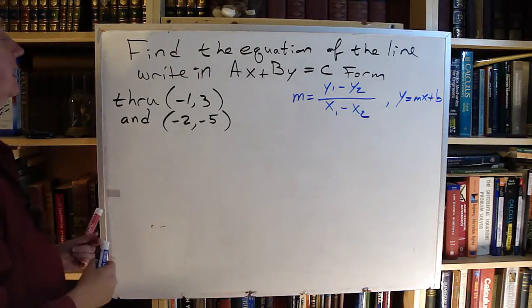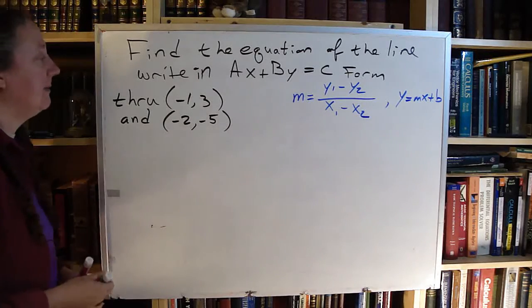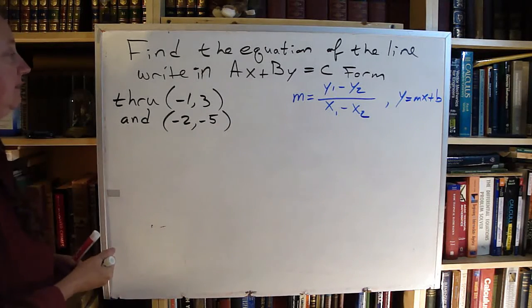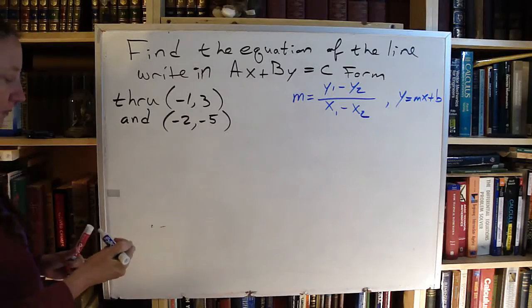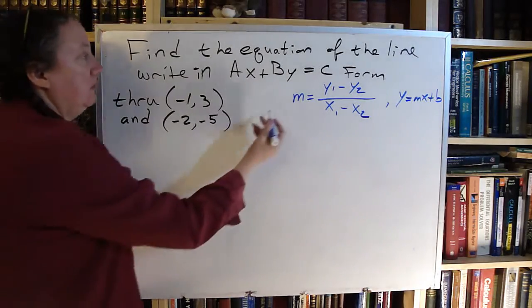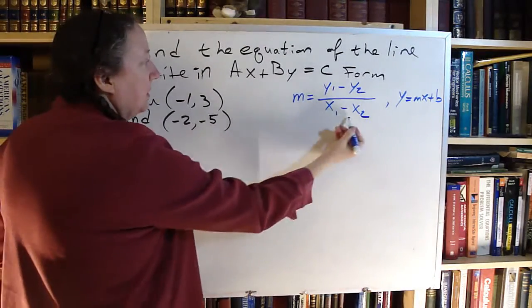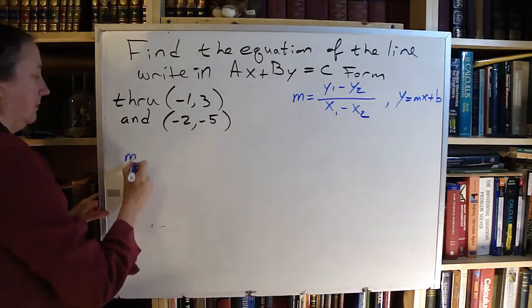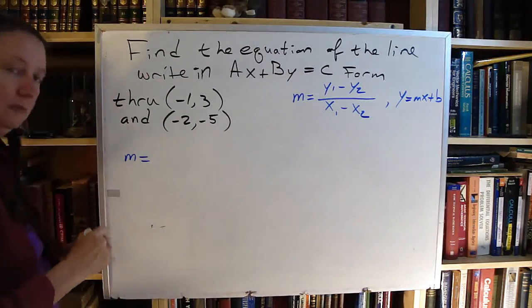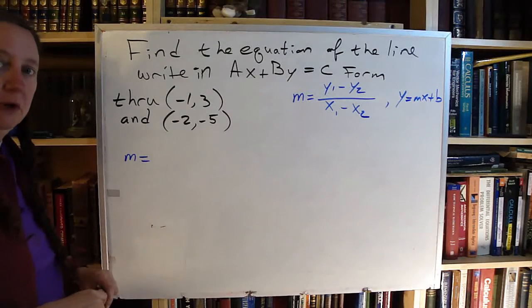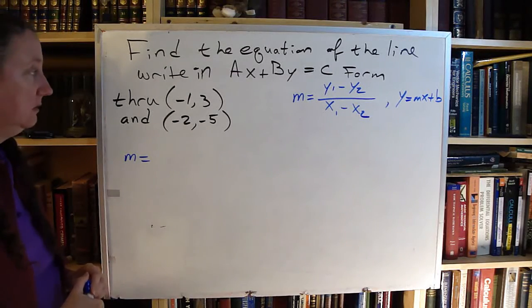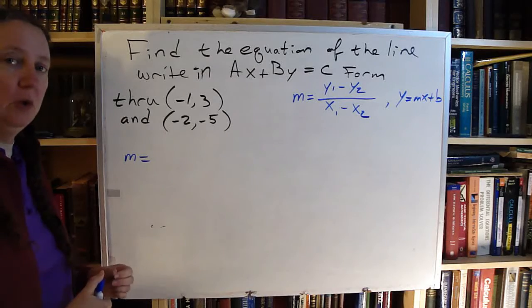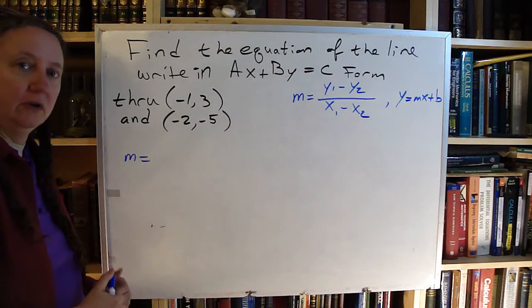Find the equation of the line through (negative 1, 3) and (negative 2, negative 5). First thing I have to do is find my slope. So m equals, pick your points, work it out. Which one's going to be your first point? Which one's going to be your second point?